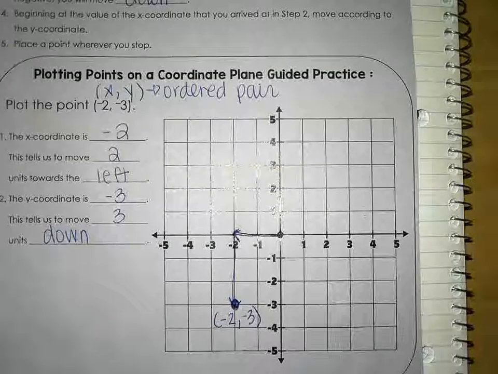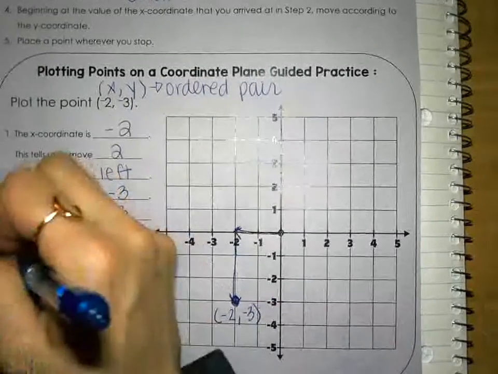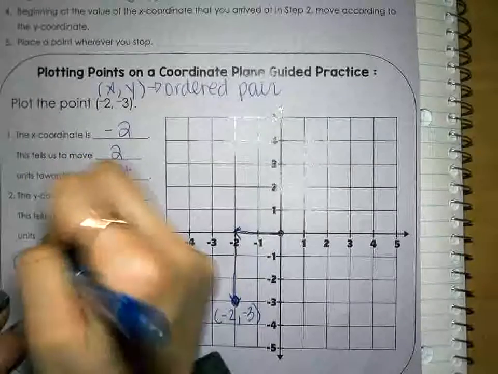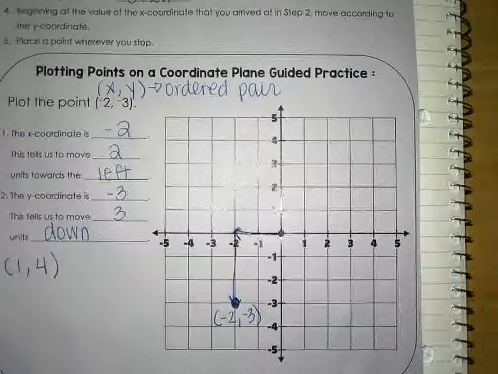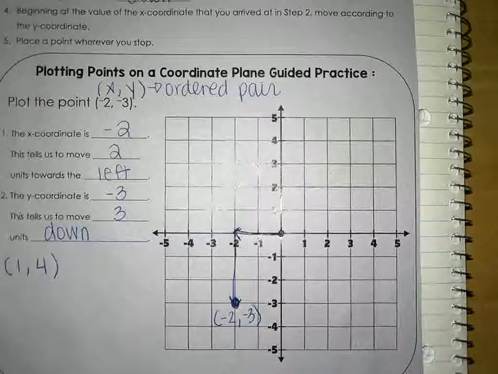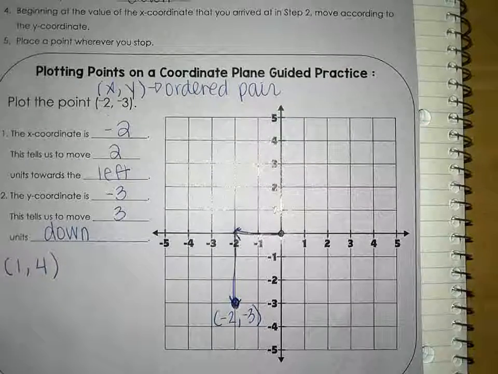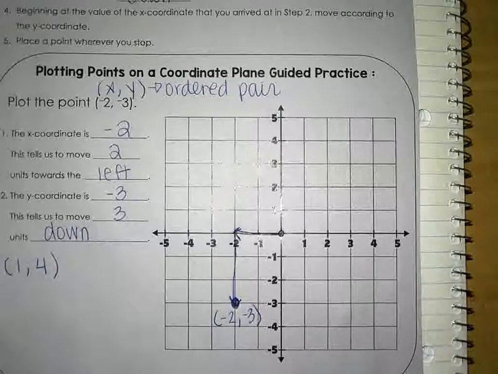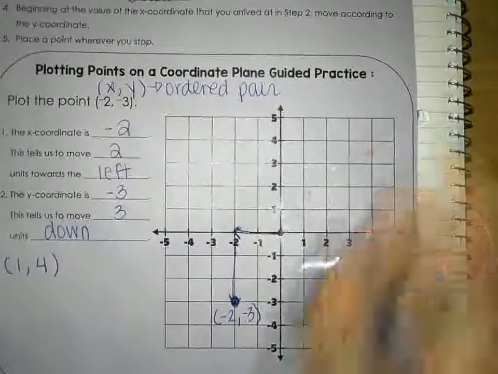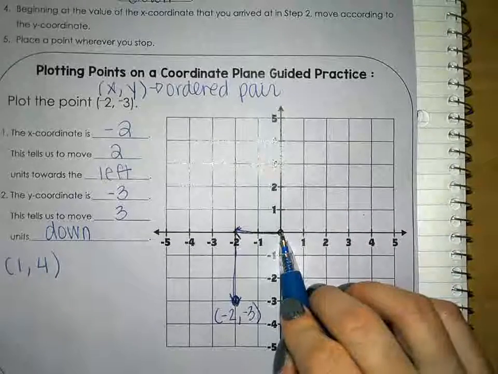It's the same motion every single time, just based off the numbers you're given. So for instance, if I gave you the ordered pair 1, 4. What's my starting point? Origin, so I have my dot on my origin.